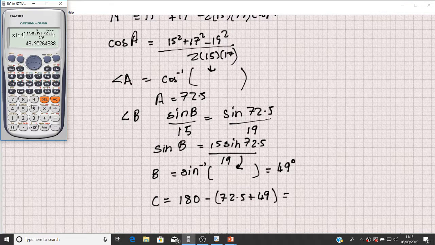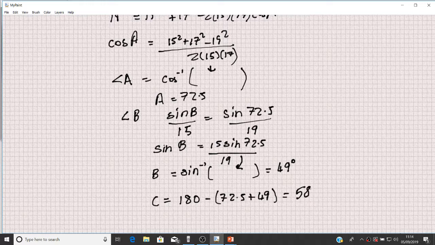Calculator very quickly, so we clear that, we have 180 minus 72.5 plus 49, and that gives me angle at C equals 58.5 degrees. Okay, so we found all three angles, A 72.5, B 49, and C 58.5.